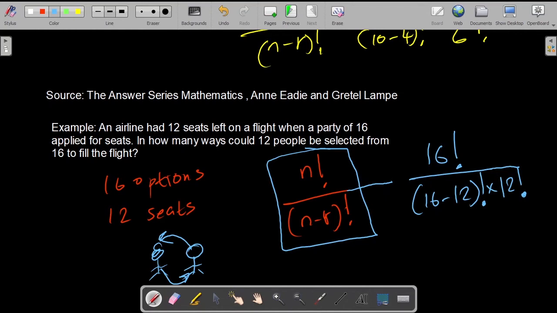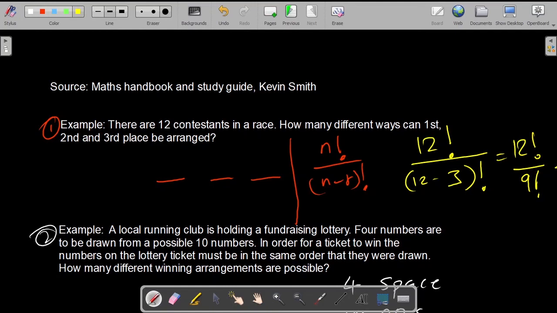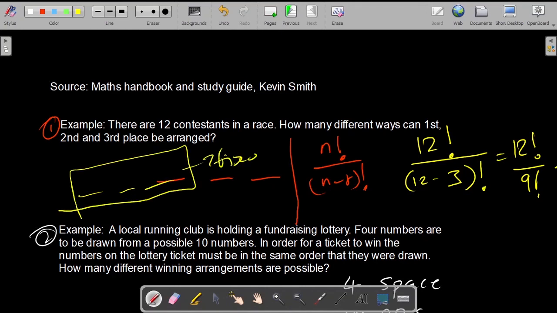So nothing was said about how these people should be placed like in the previous 2 examples. In this example, we know that we wanted to place the first, second, and third, and those are specific people who actually got those positions. So these positions are fixed.